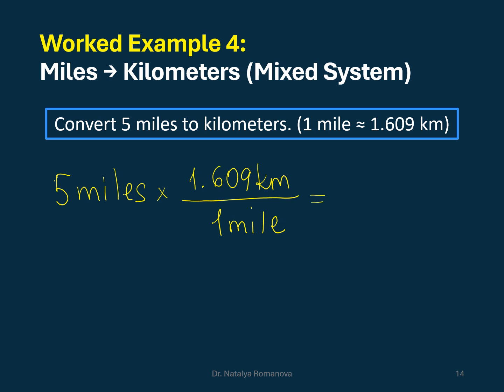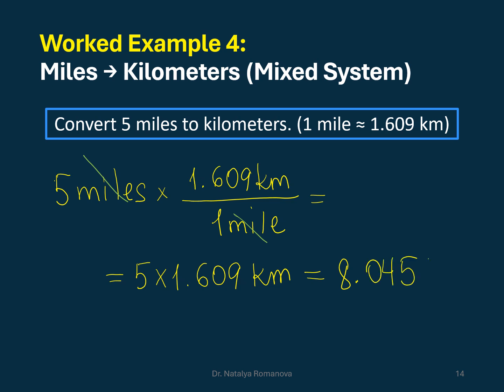Now we cancel out miles. We take 5 times 1.609 kilometers. And we have the answer, it is 8.045 kilometers. It's the correct answer for your ASVAB exam.